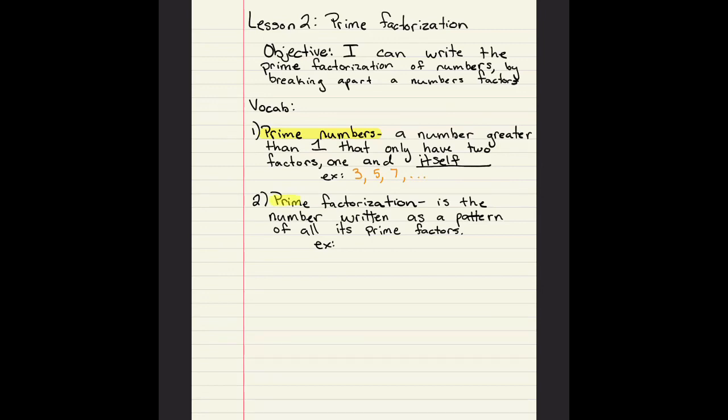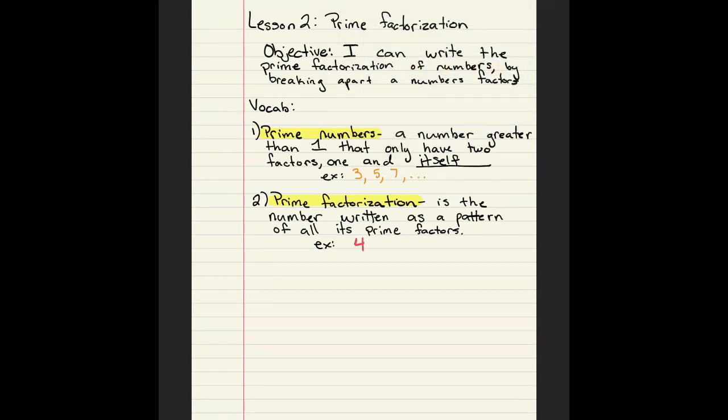All right, next is prime factorization, which is what we have to focus on today. The prime factorization is the number written as a product of all its prime factors. So basically, you just break a number down to its prime factors. An example would be a number that's not prime, let's just say 4.